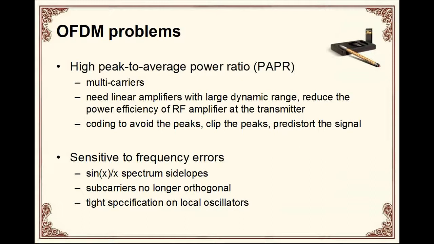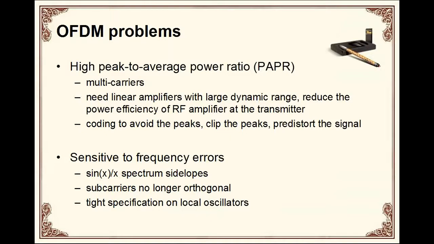Second, OFDM systems are sensitive to frequency errors. Every individual subcarrier has a sin x divided by x spectrum, which has side lobes. This is due to leakage of the DFT or FFT.